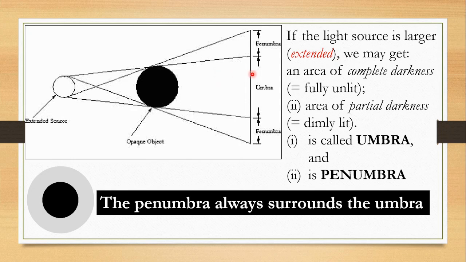An area of complete darkness here, that is called the umbra, and an area of partial darkness, a very dimly lit area, not brightly lit but dimly lit, that is the penumbra. Umbra is an area of complete darkness, and penumbra is an area of partial darkness or dimly lit. The penumbra always surrounds the umbra. Umbra will always be in the middle.